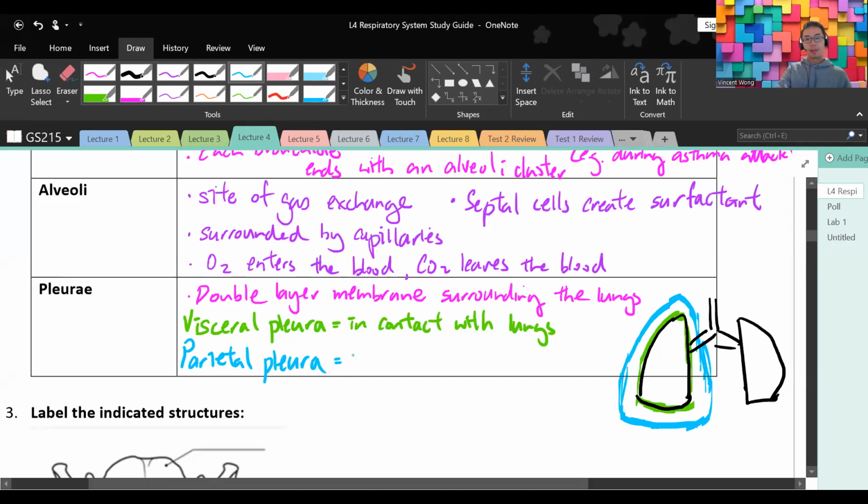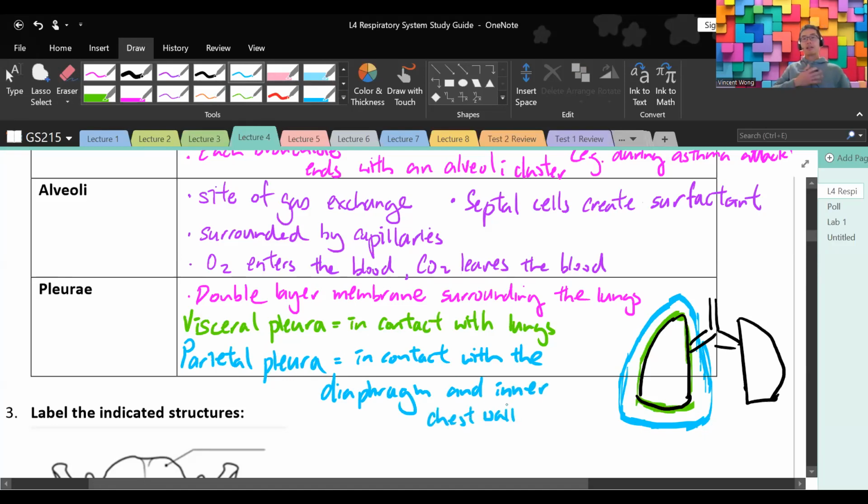That is not in contact with the lungs, is outside of the visceral pleura, but this one would be in contact with the diaphragm at the bottom, for example, and inner chest wall, right? The inside of your chest. Okay.